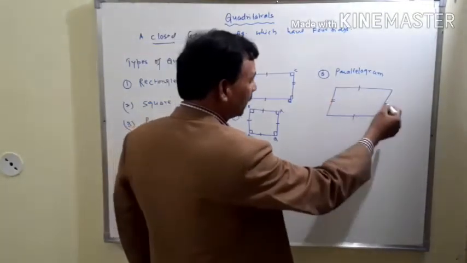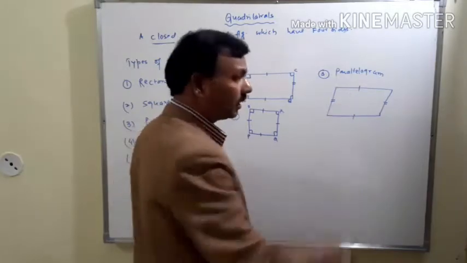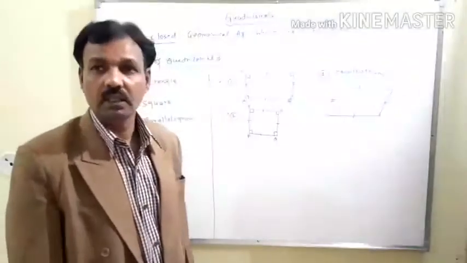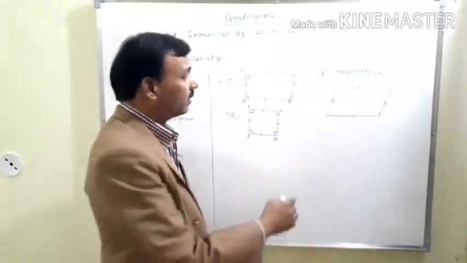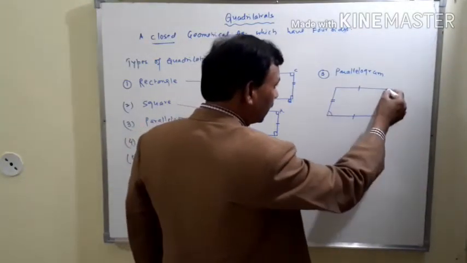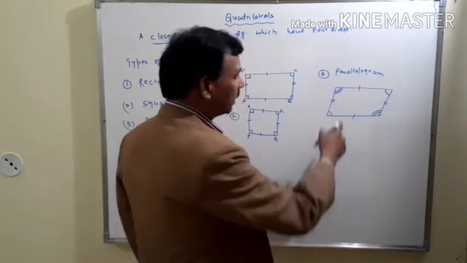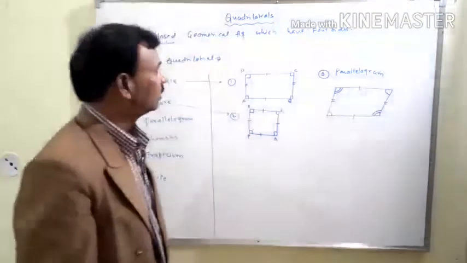Pairs of opposite sides are parallel and equal, but all angles are not equal. That means the angles are not equal to 90 degrees, while opposite angles are equal. This type of quadrilateral is known as a parallelogram.